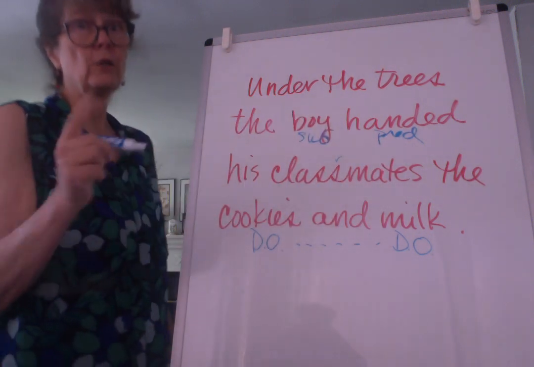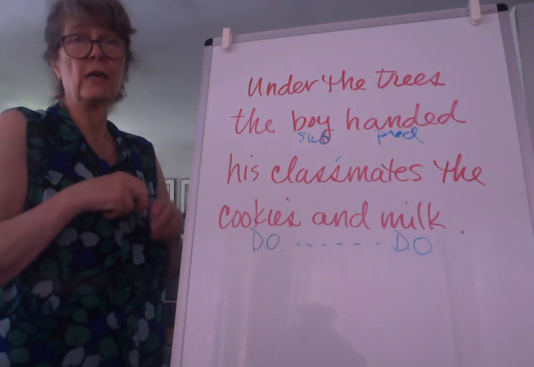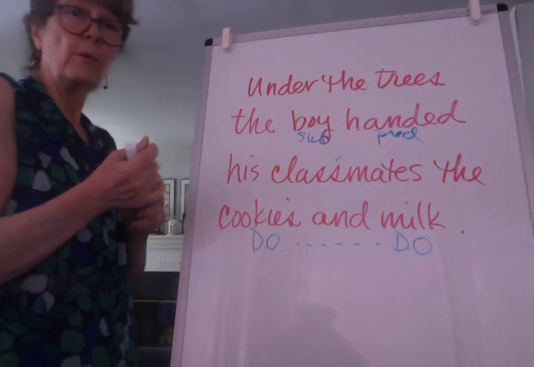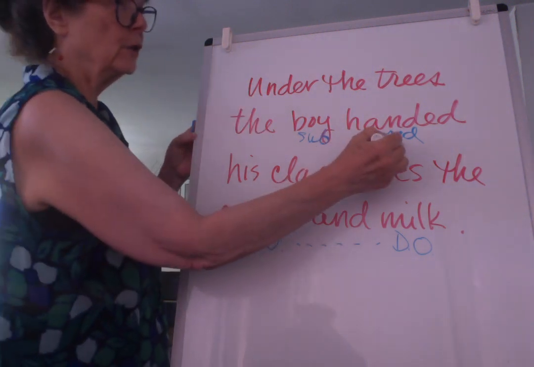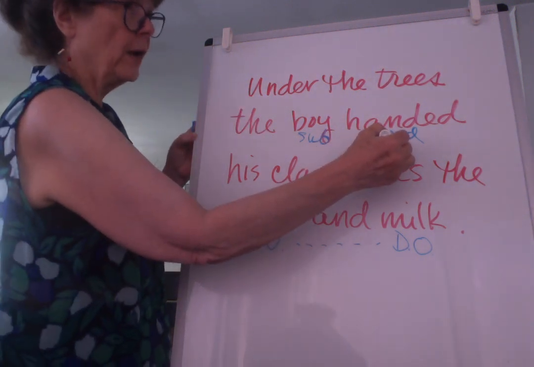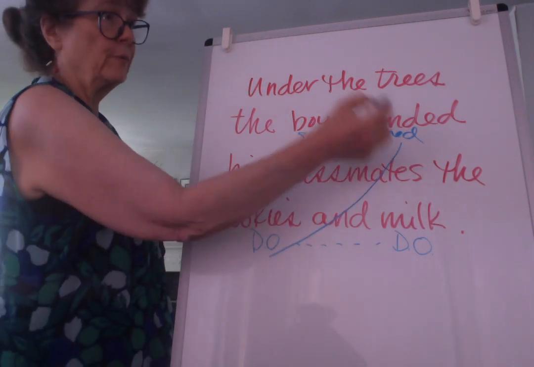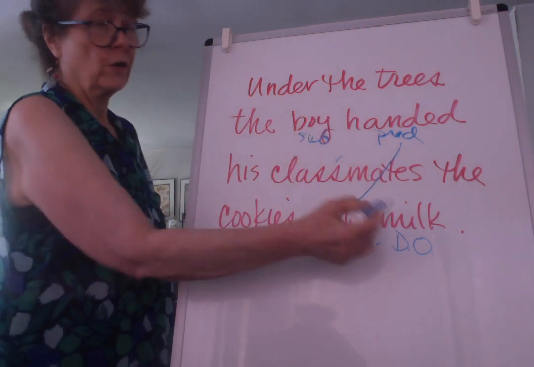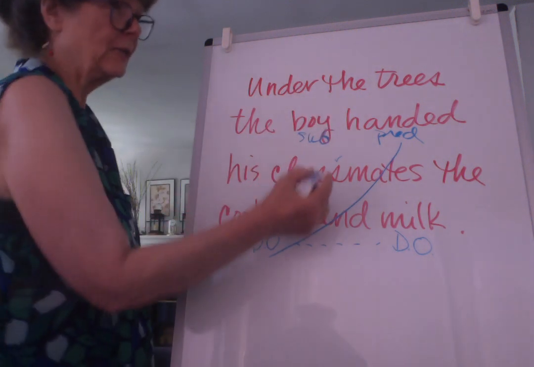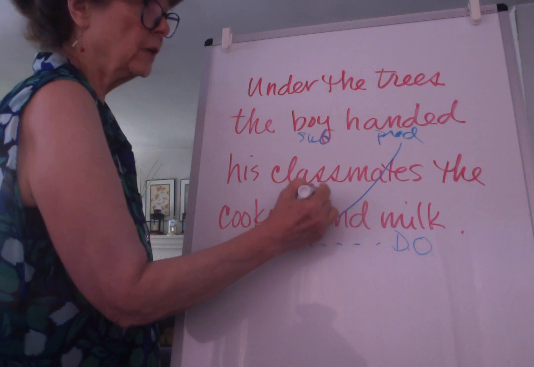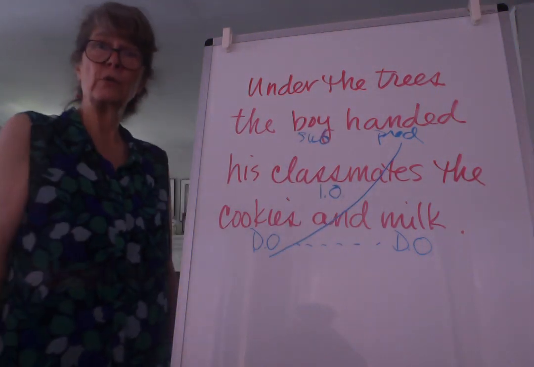So we want to make sure, though, before we absolutely know that that's the indirect object, we have to make sure it's in the right place in the sentence. It has to be between the predicate and the direct object, and it is. Predicate comes before classmates, cookies and milk comes after classmates. So it's in the right place to be the indirect object, so that is actually the indirect object.